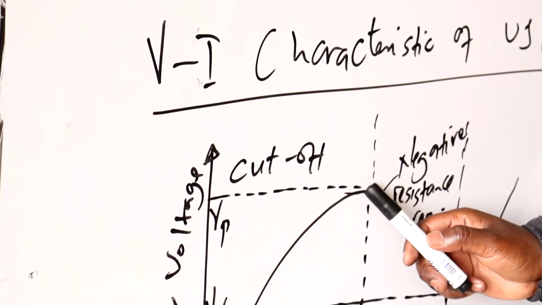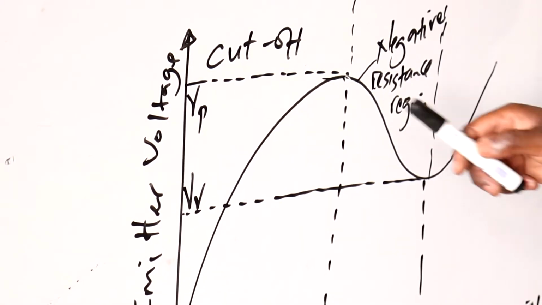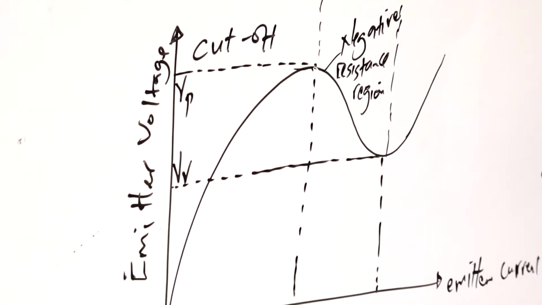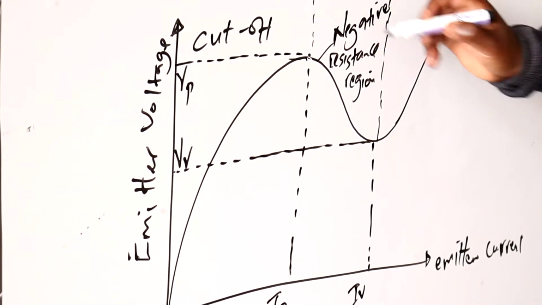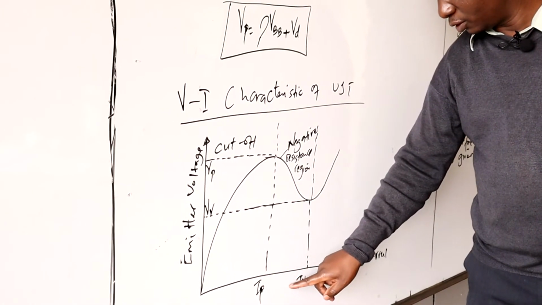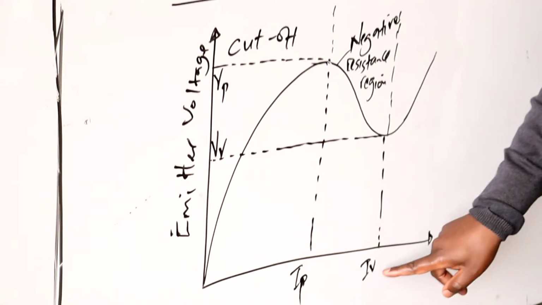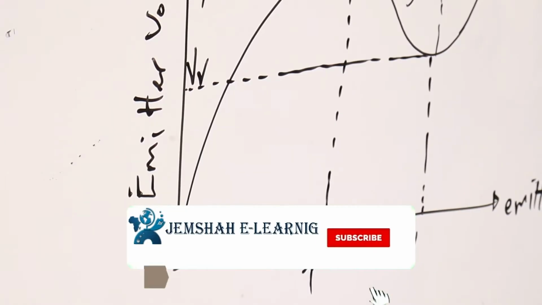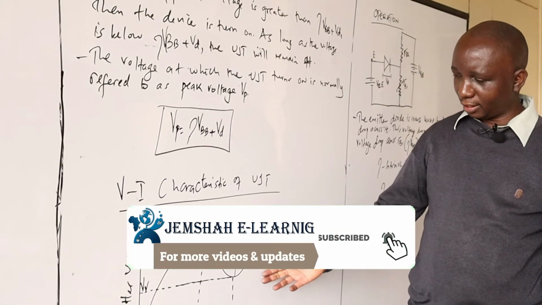When you slightly exceed that voltage, then the UJT turns on. When it turns on, there's a drastic drop in the PN junction resistance, and therefore there's a negative resistance region here. That means if the resistance is going to go low, then the current is going to increase from IP to IV, because the resistance is going down. Then we are able to have what I refer to as a characteristic.